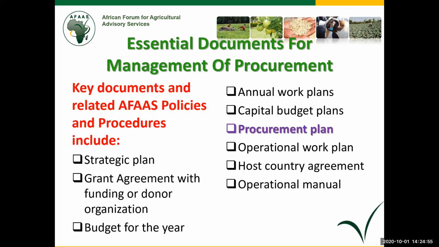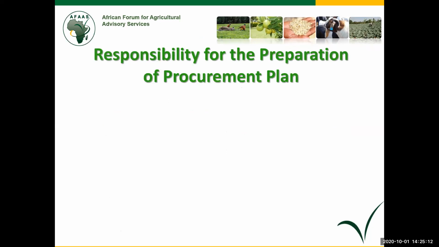The other documents that are key are the operational work plan, the host country agreements, and then the operations manual. For this presentation, I'll focus mainly on the procurement plan, maybe later on the annual plans. Who is responsible? What is the responsibility for the preparation of the procurement plan?